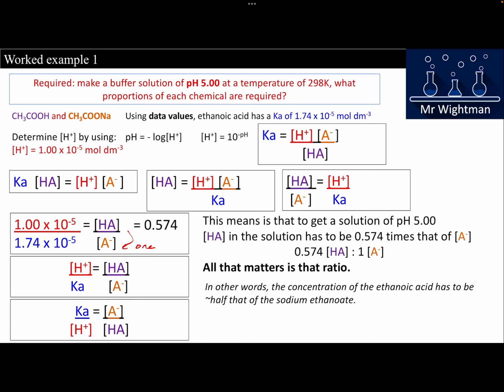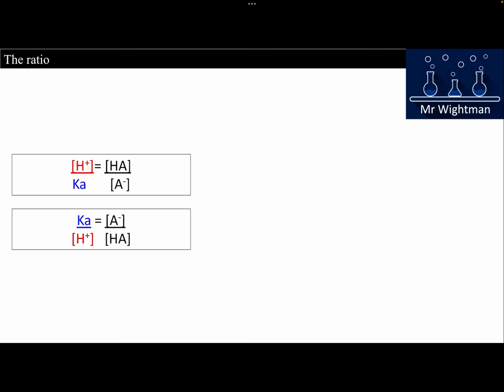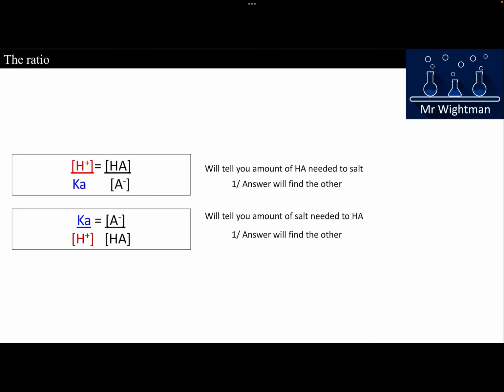So about half the amount of HA to every 1 A minus, or twice as much A minus roughly compared to HA. Depending on how you rearrange the equation, you might get either one of these. What matters is the per 1, for every 1 of A minus, or per every 1 of HA.